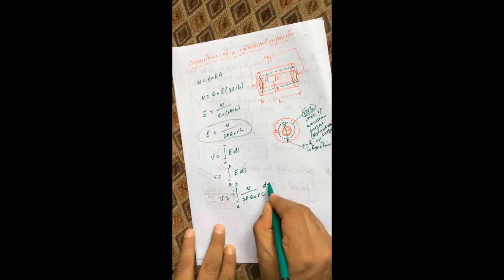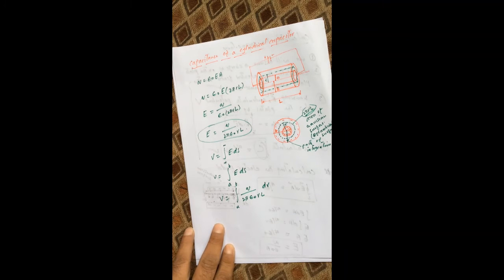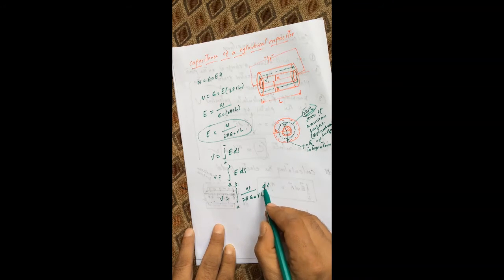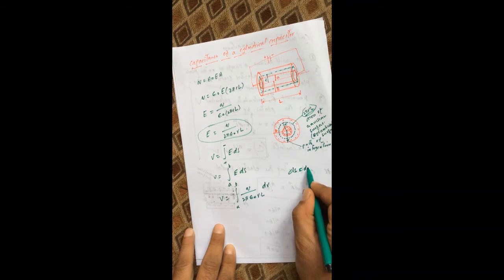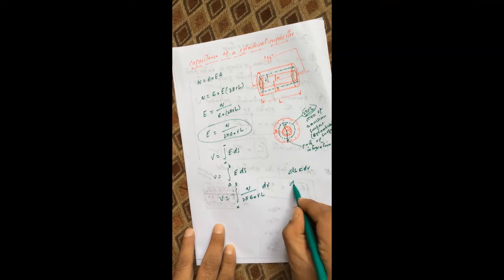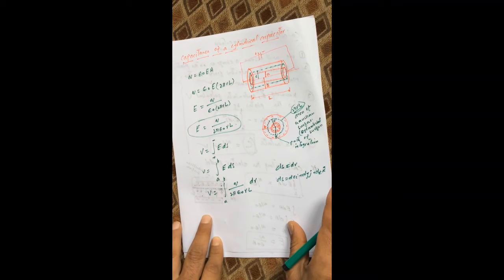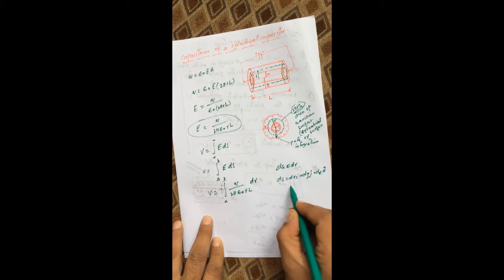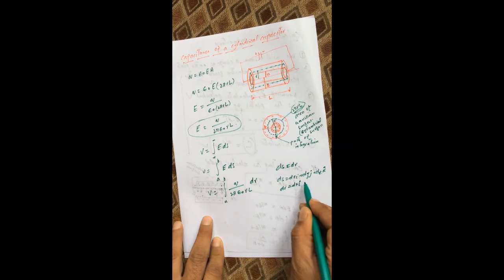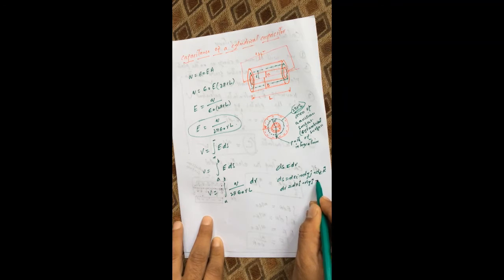This is the length element, so I can write ds as dr also, because ds is dx i plus dy j plus dz k, and dr is likewise dx i plus dy j plus dz k.